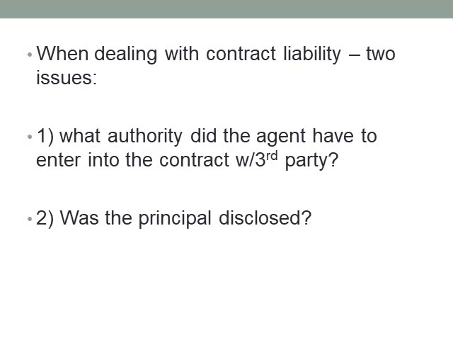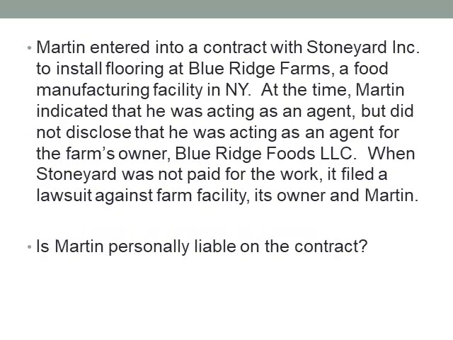When dealing with the contract issues, you're going to ask yourself those questions to determine who is ultimately liable. And if the agent is acting within the scope of their employment, you're going to be asking these questions. If they're outside the scope, then they're personally liable. The principal is not, unless the third party knows that the agent is acting outside the scope of authority.